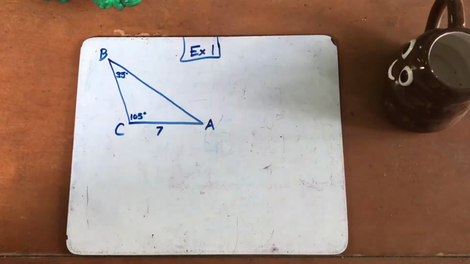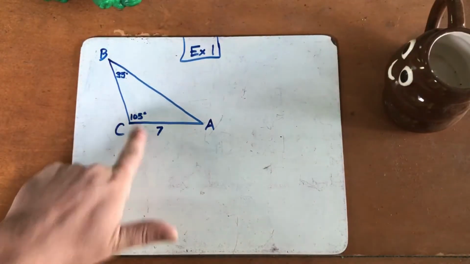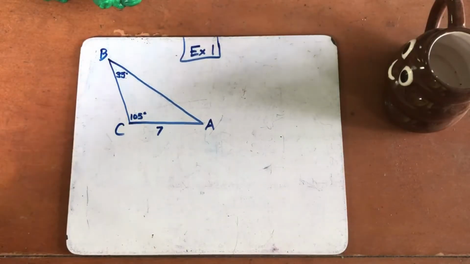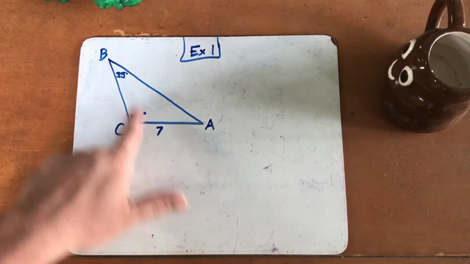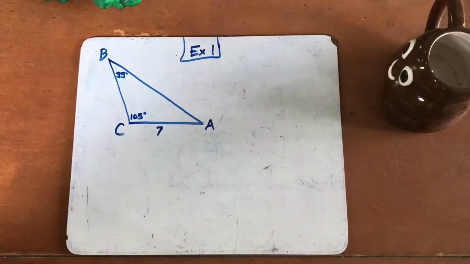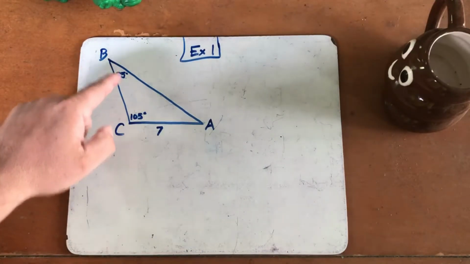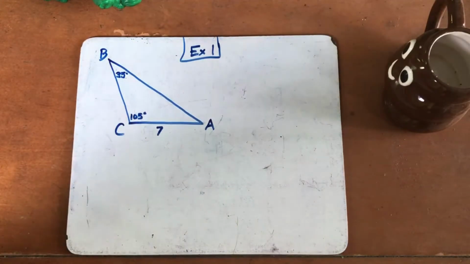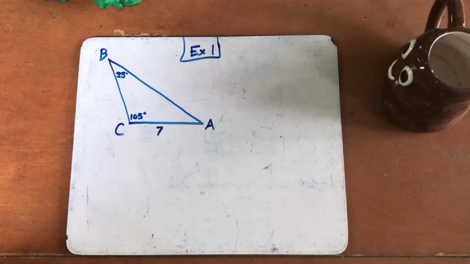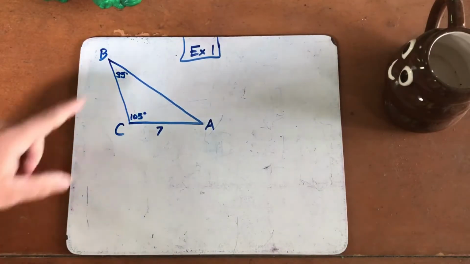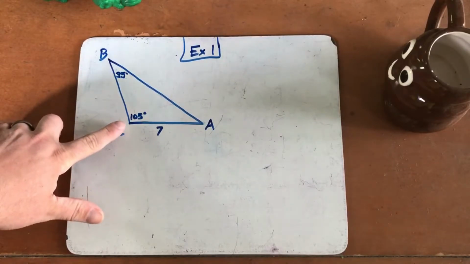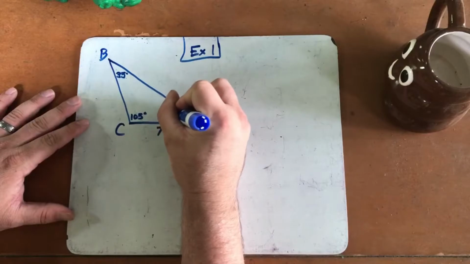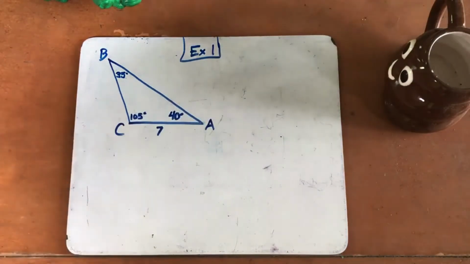So looking at my first example, notice that this is 105 degrees. This is 35 degrees. I don't know if you can see that very well, but I have the opposite side of B. One thing that I can do from this is that if I know two angles of a triangle, I can find the third, because we know they're supposed to add up to 180 degrees. So 35 plus 105 is 140, which means that angle A is 40 degrees.